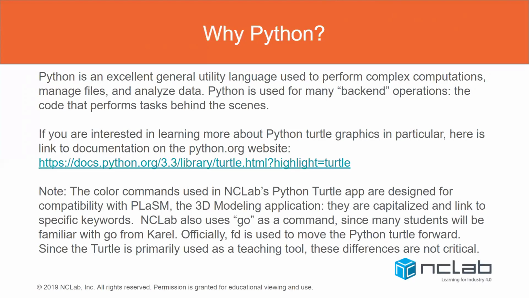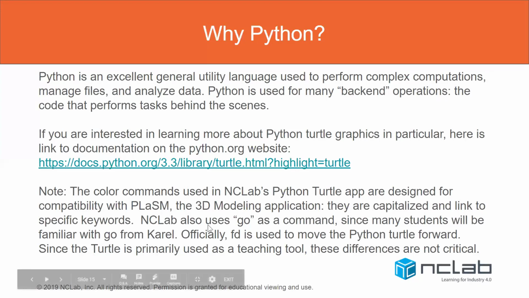So we've included Go. The official word for go, or drawing a line, moving the turtle forward, is FD for forward. It's not that critical because the turtle's primarily a teaching tool. When you're running graphics in real life, you're more likely to use Matplotlib or one of the other libraries. But it's nice to know that there's an extensive turtle library on the Python website.